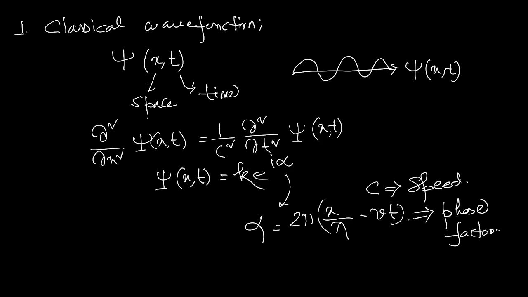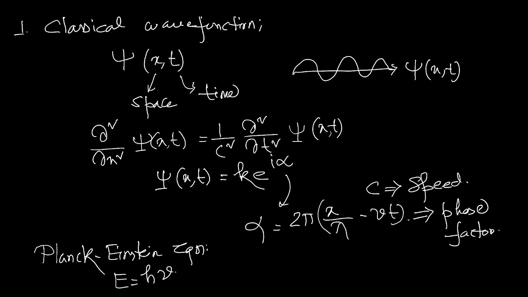Now two different equations we want to impose here. One is the Planck-Einstein equation, which says E is equal to h nu, so nu can be written as E by h.